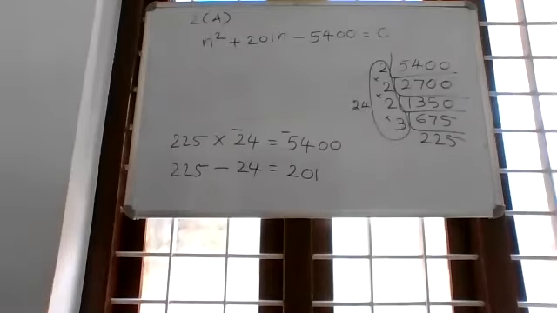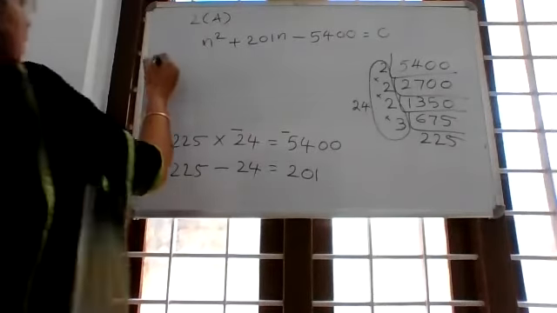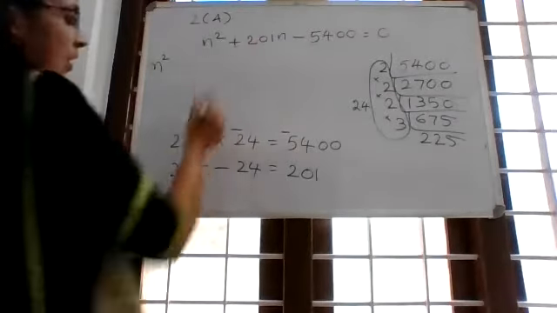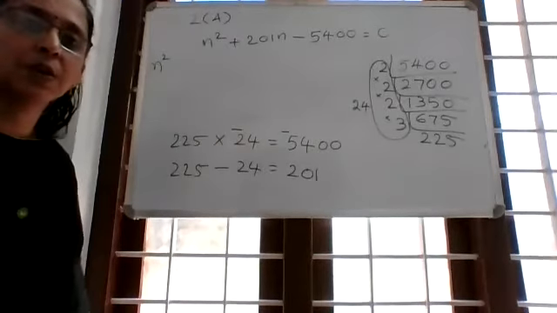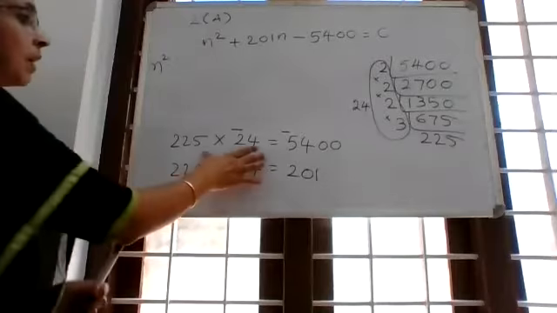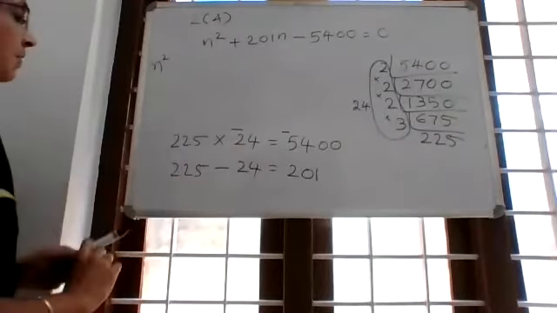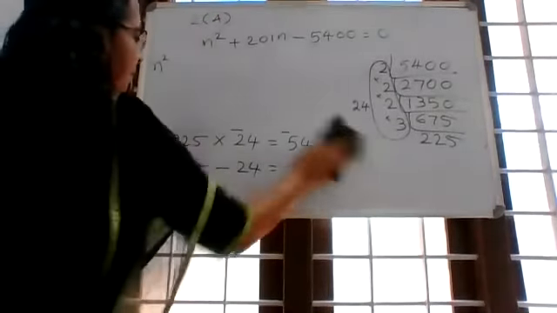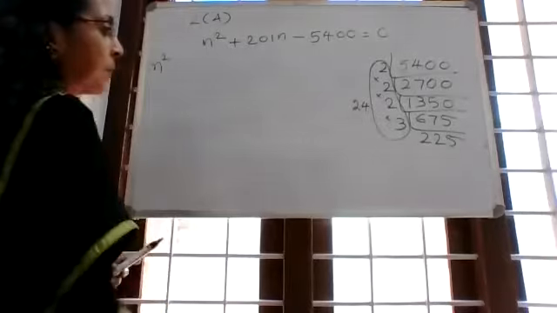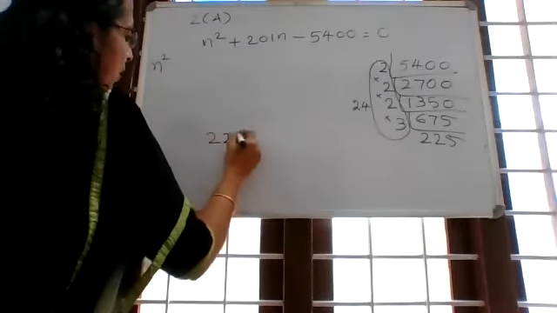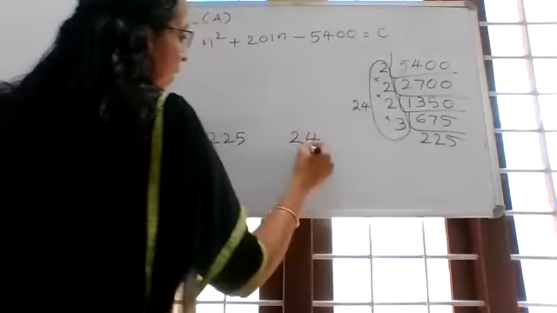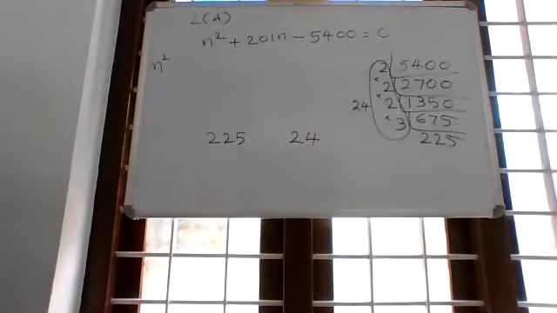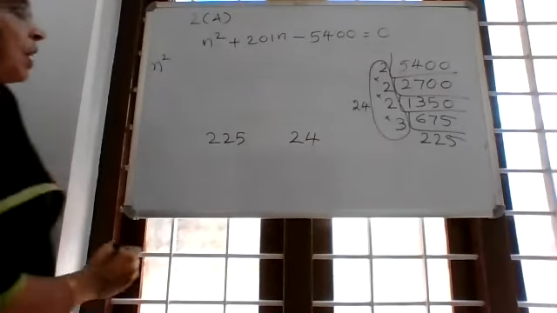Up to this, you want to write in the working column. Then 5400, this one, 225 and which number? 24. 225 and 24, two numbers.